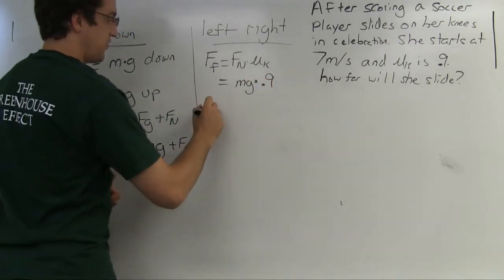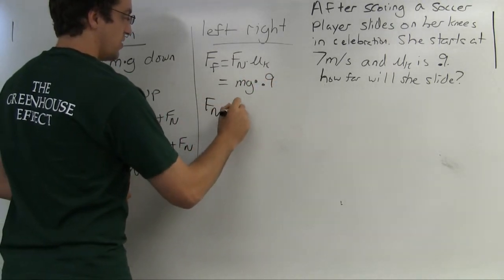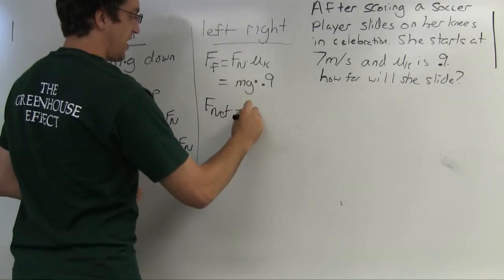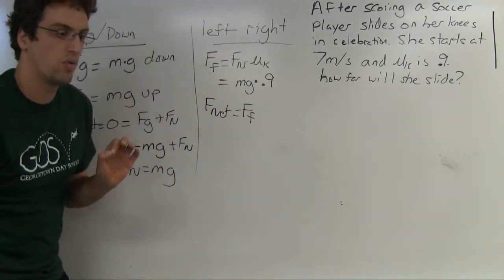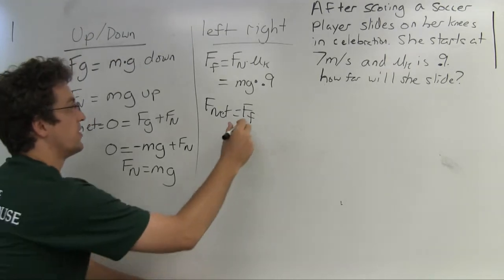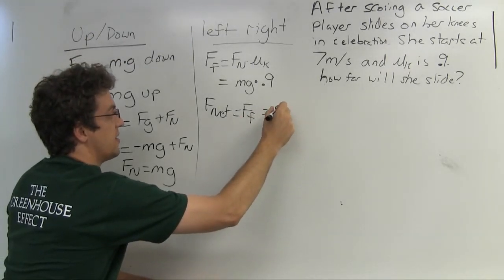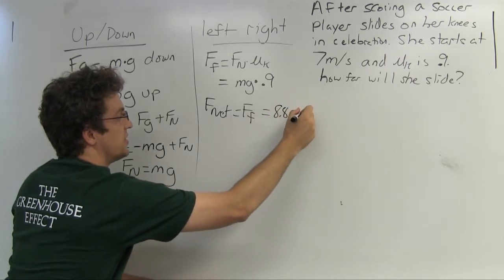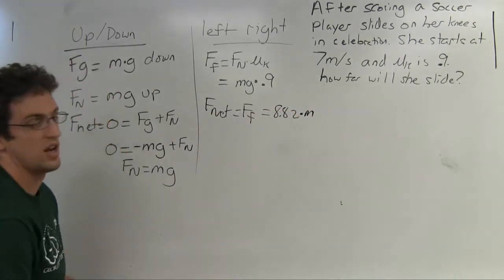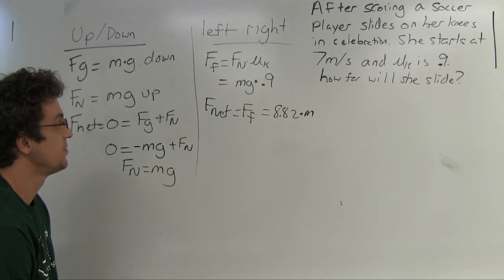Because that's the only force, F net is equal to all those forces added up, which means it's just equal to Ff. That gives us a net force of 8.82 times m, where I've substituted in 9.8 for g.